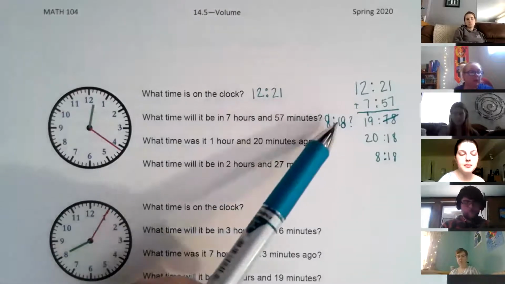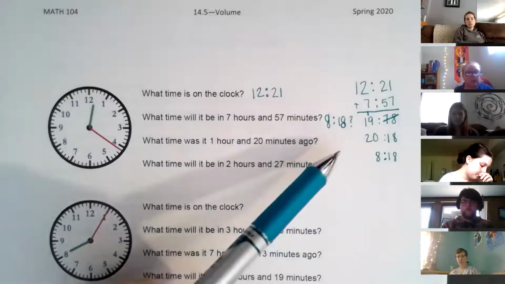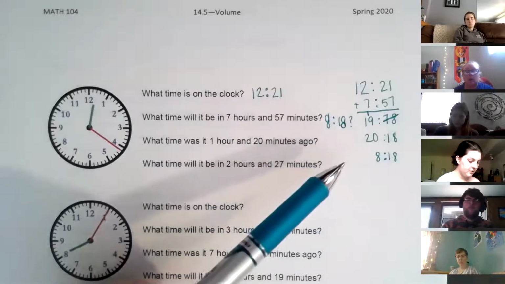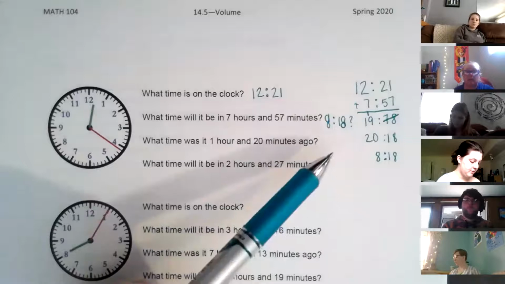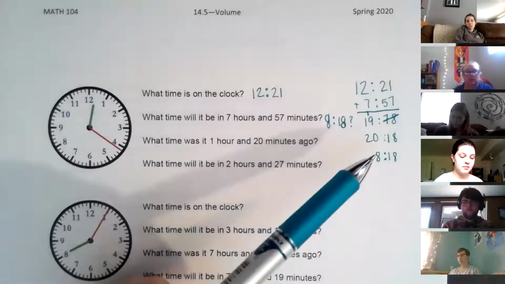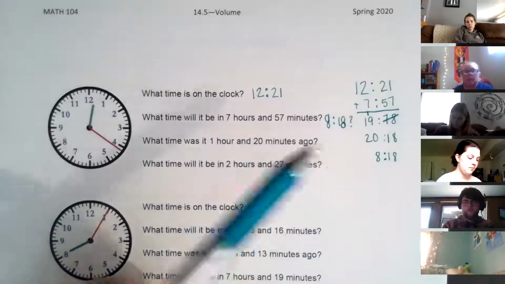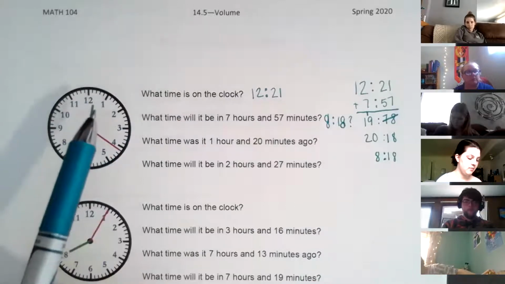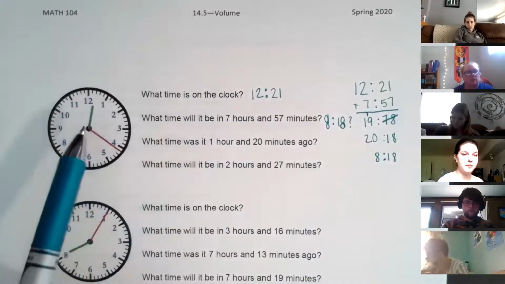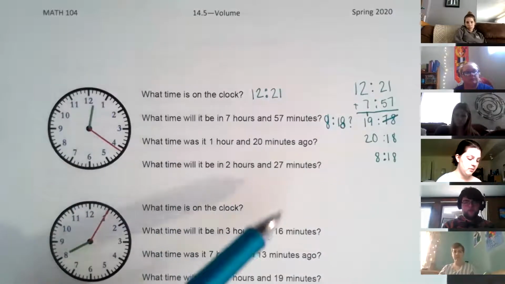So when y'all teach this, this could be something that y'all could talk about in terms of the cultural context of what's actually happening here. Because in the military, they would say 2018, and they technically mean 8:18 p.m., right? Or if we were talking about this being AM, then it'd be 18 AM.